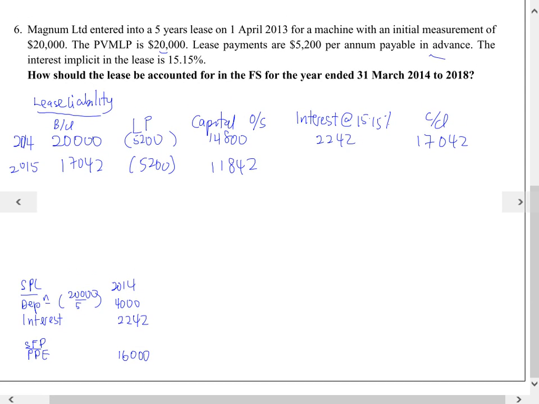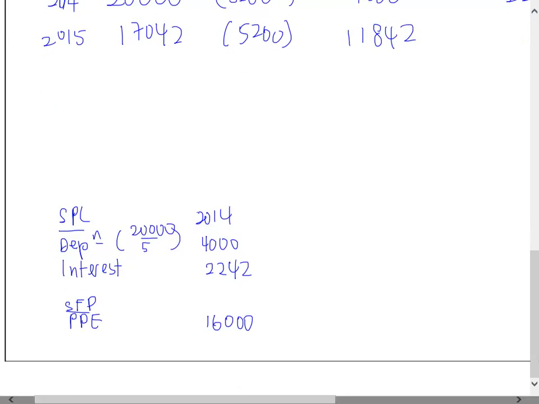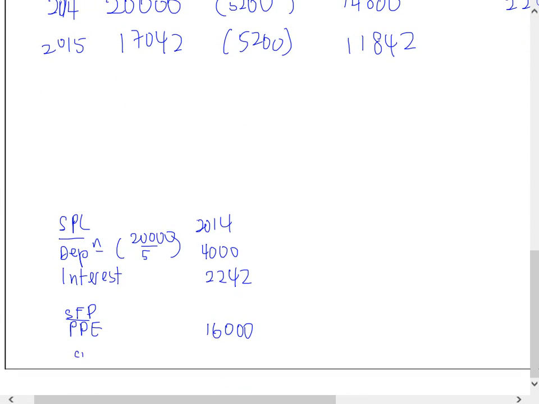We have depreciation means we have PPE. Interest means we have a liability, both current, non-current. Current liability, LL means lease liability. Non-current liability, lease liability. Current.